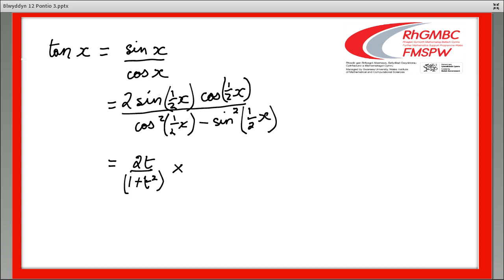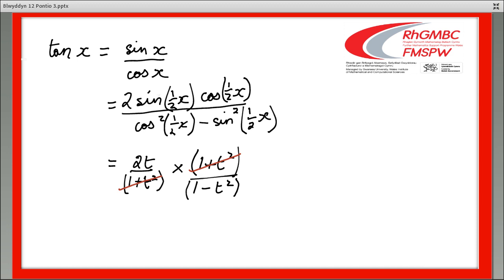So it's times 1 plus t squared, in brackets, divided by 1 minus t squared. Again, I'll put that in brackets as well. So what we can say is that the 1 plus t squared down here cancels with the 1 plus t squared up there.